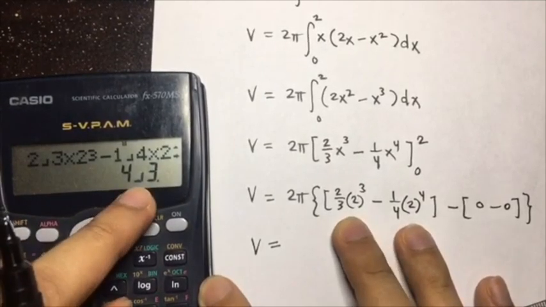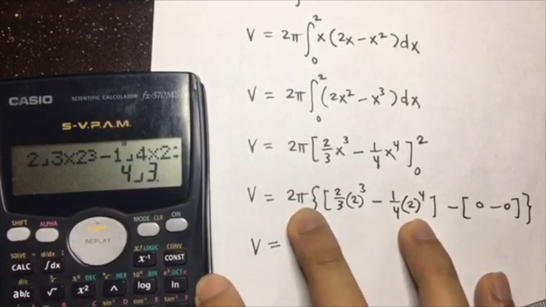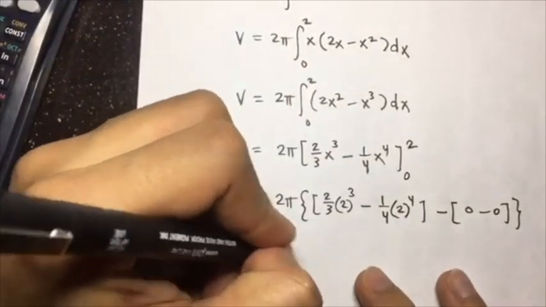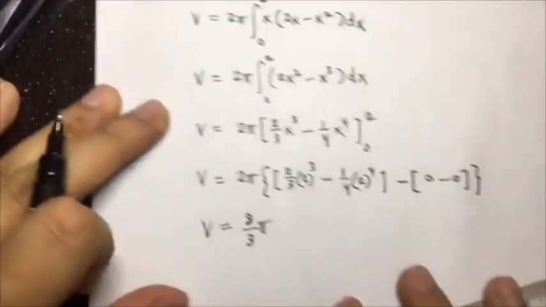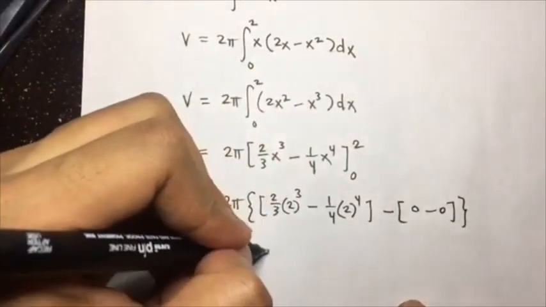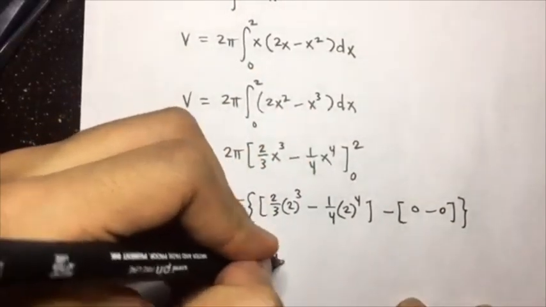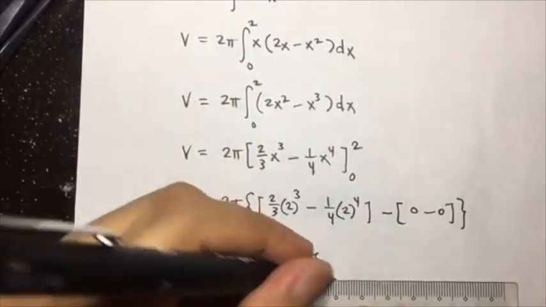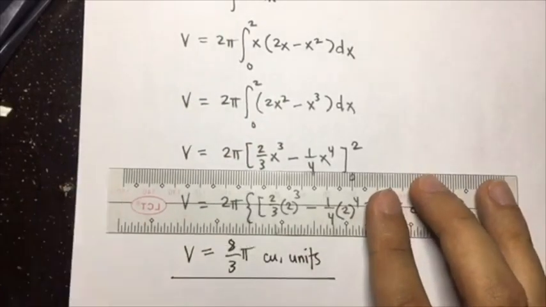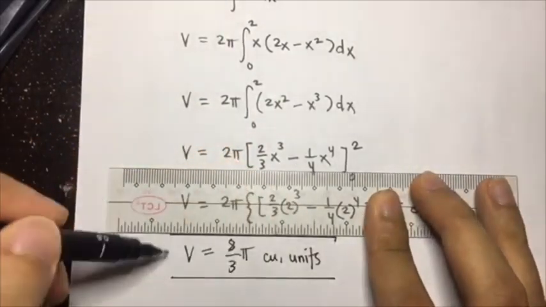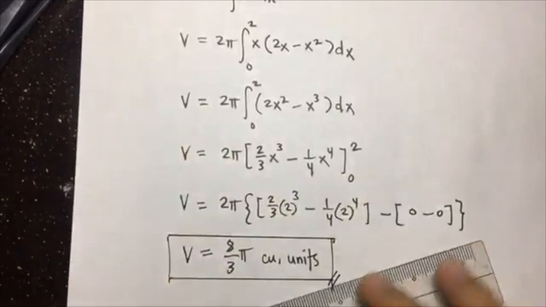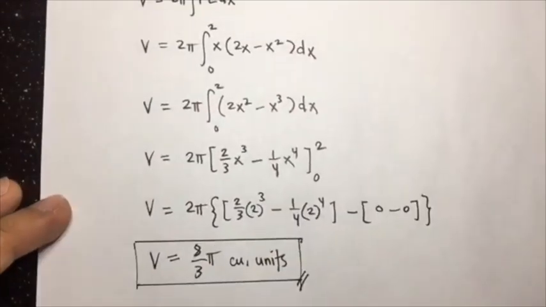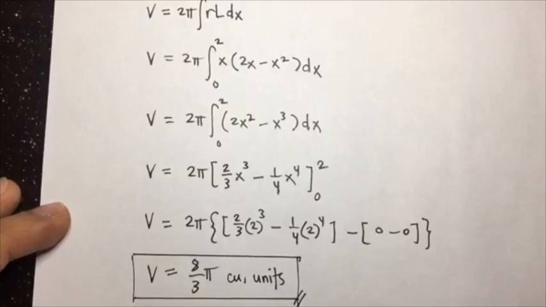That is 4 over 3, and then multiplied by 2 pi, so times 2, we have 8 over 3 pi, in cubic units. So that is its volume.